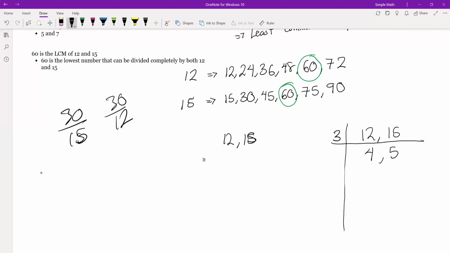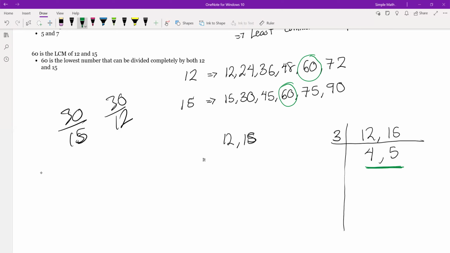We do this again. Is there a number that can divide both 4 and 5? The only number that can divide both 4 and 5 is 1. There is no other number that is a factor of both. These numbers are too small, so once we get to this stage, we stop.